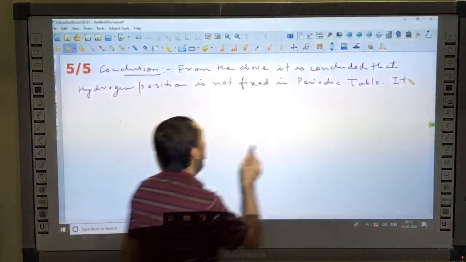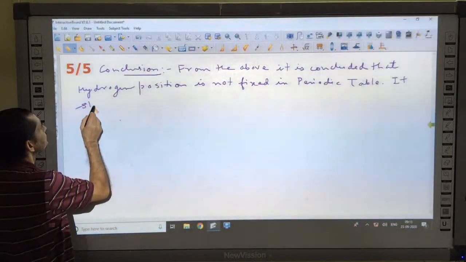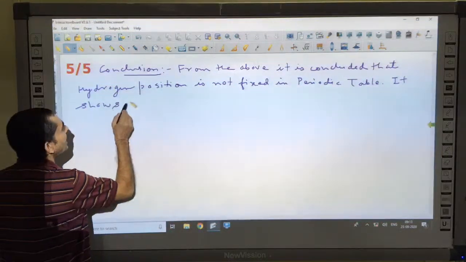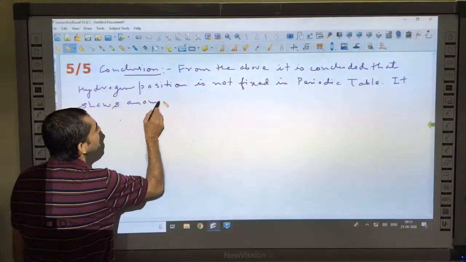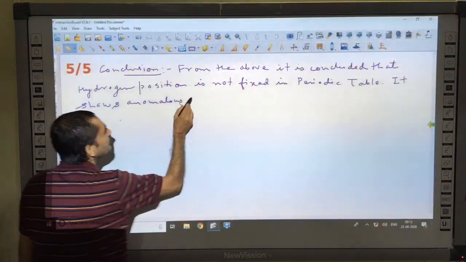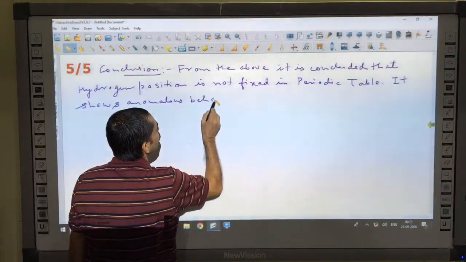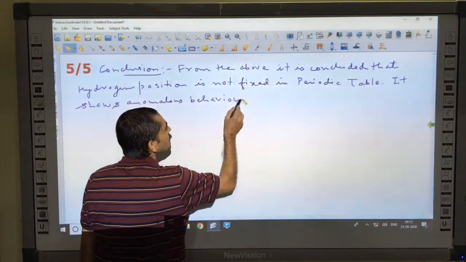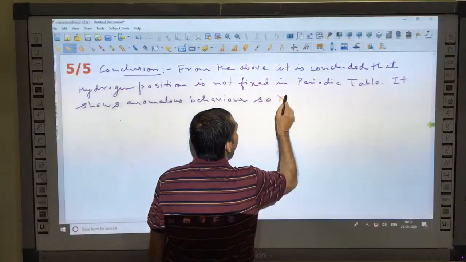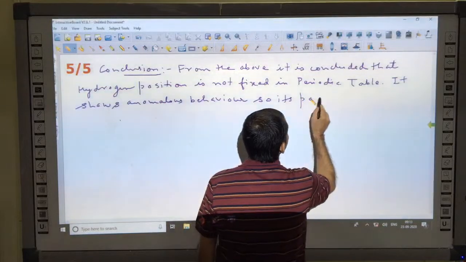It shows anomalous behavior, a different behavior. So, its position is not justified.